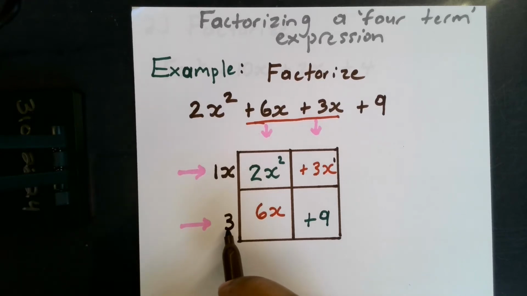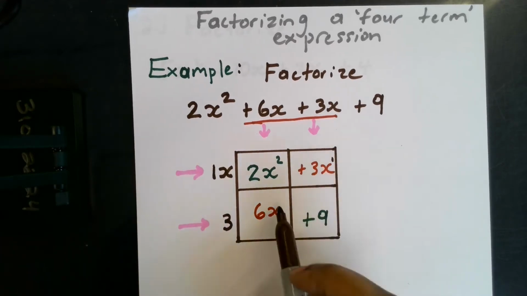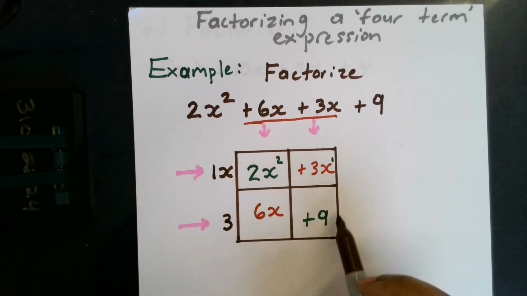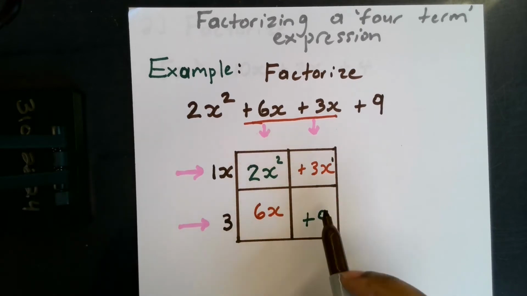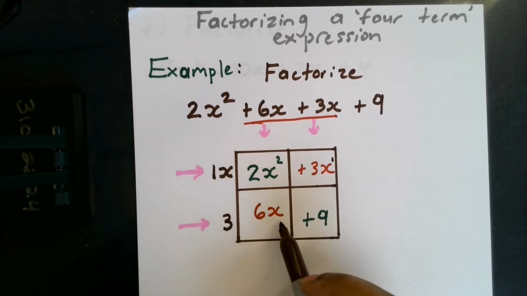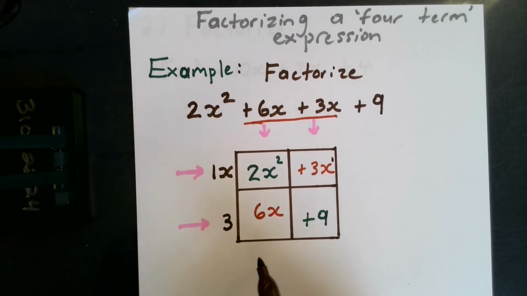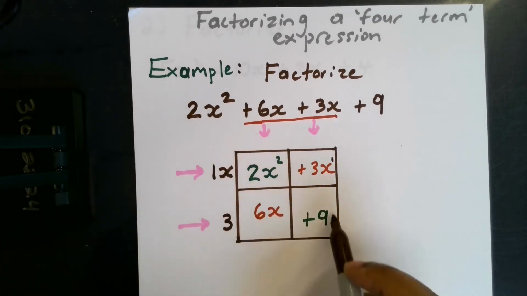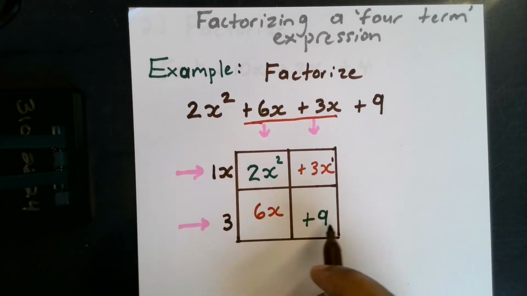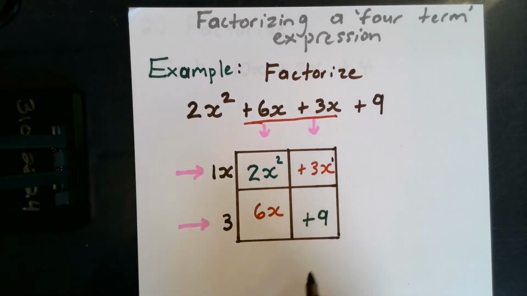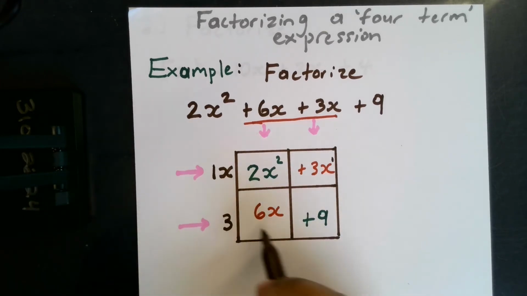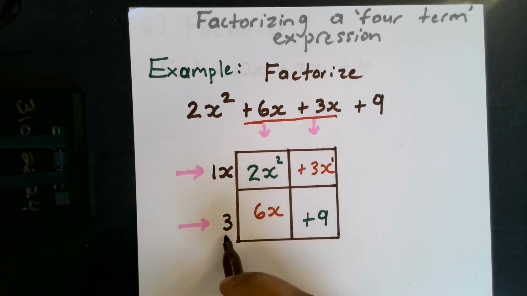If I write 3x, that is incorrect, because x is not common to both terms. 9 does not have an x. Only 6 has an x. Because x is not common to these two terms in this direction, the GCF of these two terms is only 3.